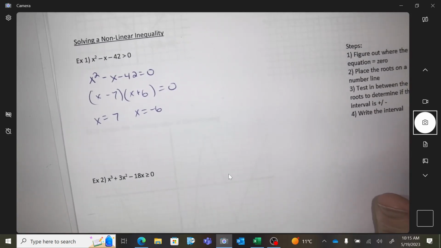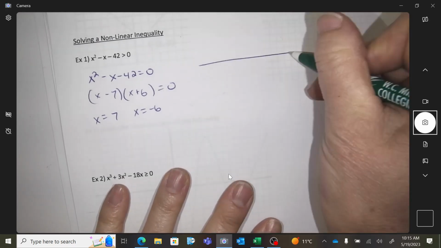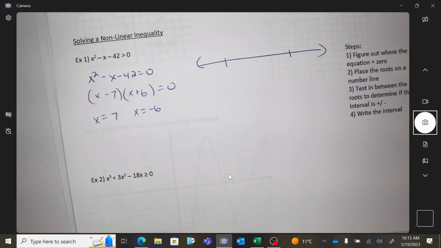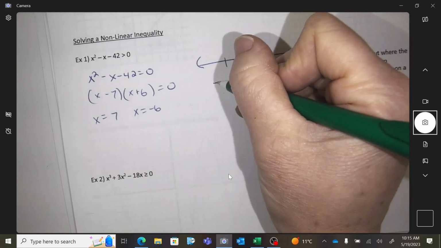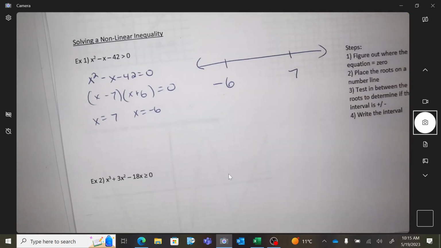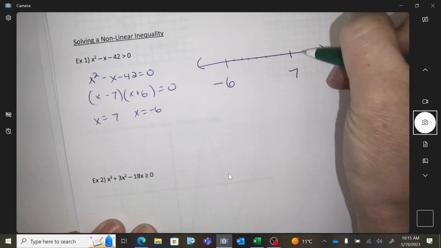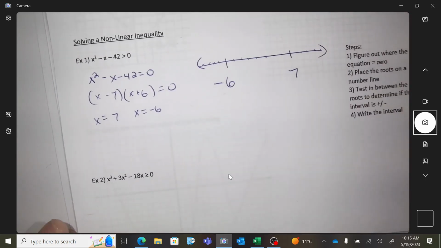Okay, step 2, place those roots, the root numbers, the zeros, on a number line. So I'm not going to write 7 and -6, because how would they appear on a number line? -6 would be here and 7 would be on that side of it, right? You know what a number line looks like?